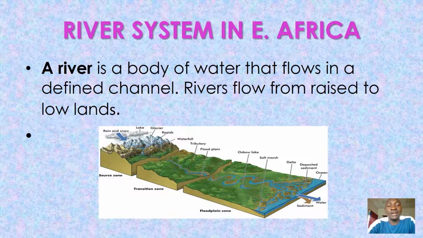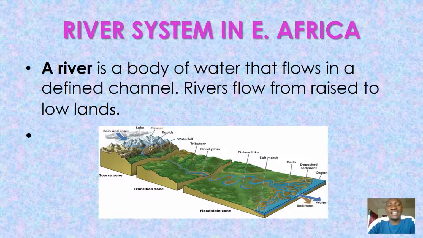In our diagram, you can see the arrow in blue showing the start, the source of the river. Rivers normally originate from areas which receive heavy rainfall and those which have snow. Because they are at a higher altitude or gradient, the river flows by the force of gravity.